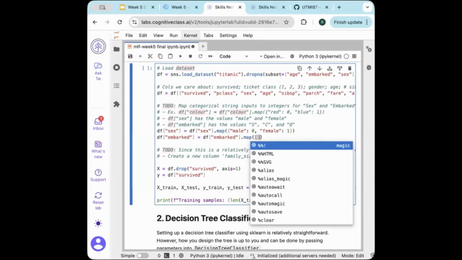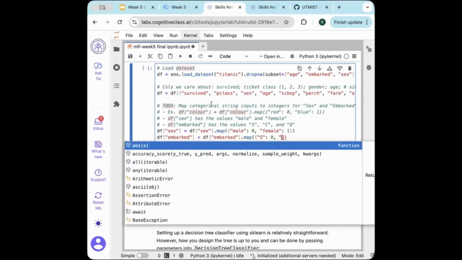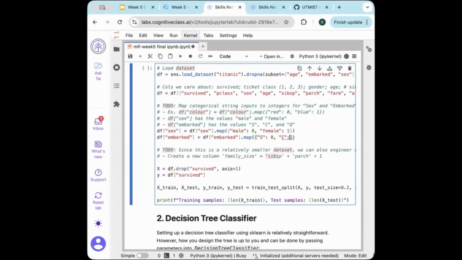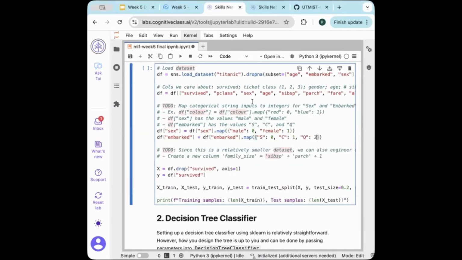Opening another dictionary, I'm going to let the city S equal 0, the city C equal 1, and the city Q equal 2. After this reassignment in our dataset, under sex we're only going to have 0s and 1s instead of males and females. All the string inputs are going to be turned into numbers, and the same for embarked.